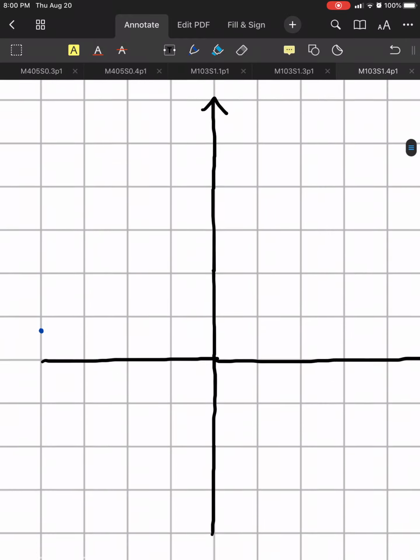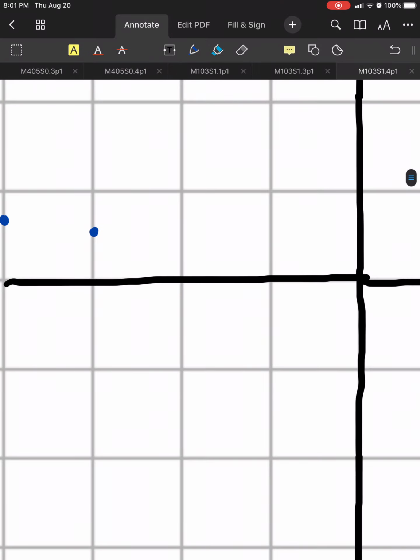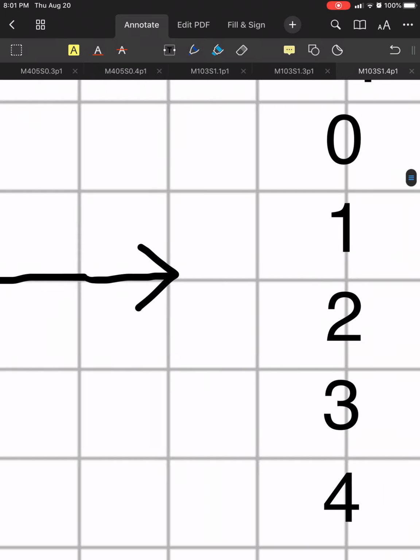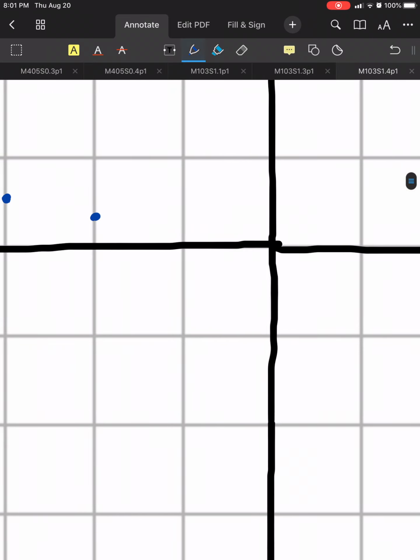Okay, lost it. There we go. It's right about here. Negative 2, 1/3 is right about here. Negative 1, 0 is there. 0, negative 1 is right there.